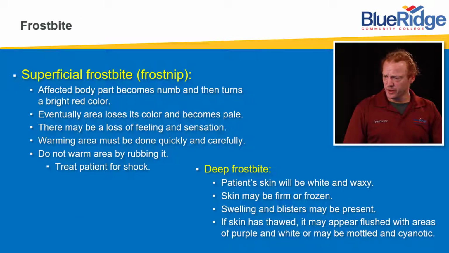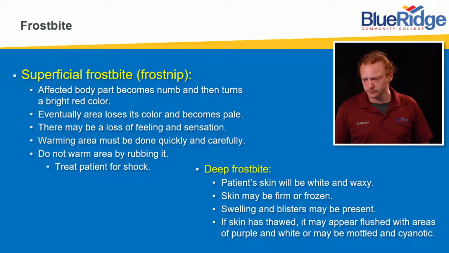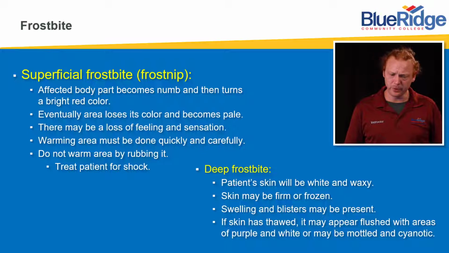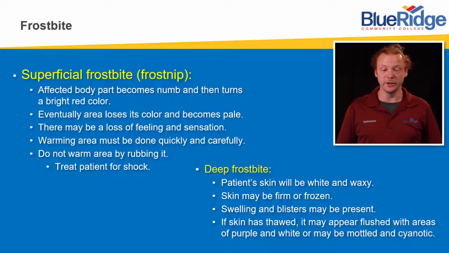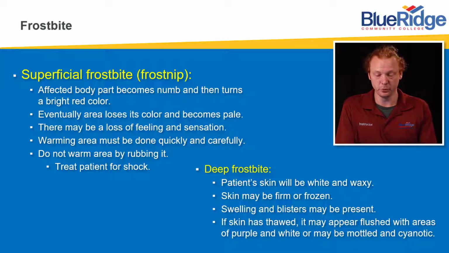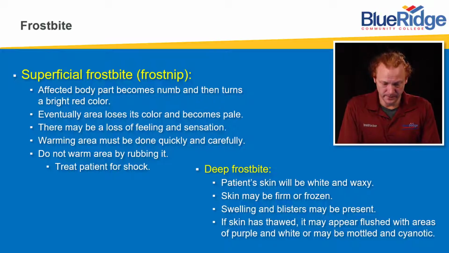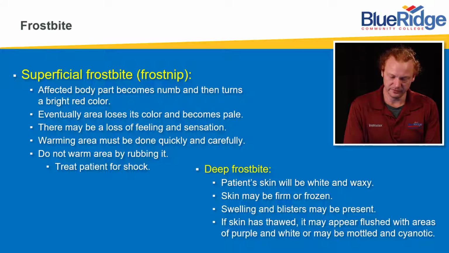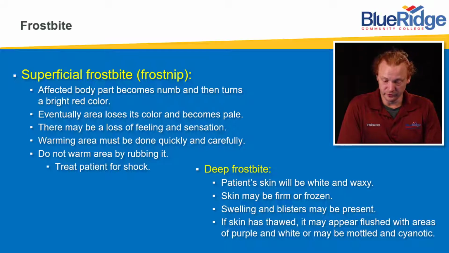We have frost nip, or superficial frostbite. The affected body parts become numb and then turn bright red in color. Eventually, the area loses its color and changes to a pale white. There may be a loss of feeling and sensation in the injured area. Treatment for this: warming a superficial frostbitten area or part must be done quickly and carefully.